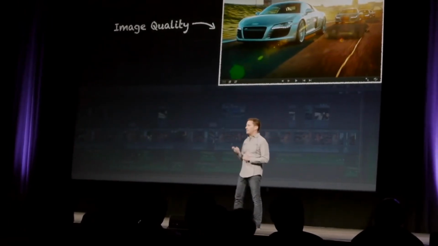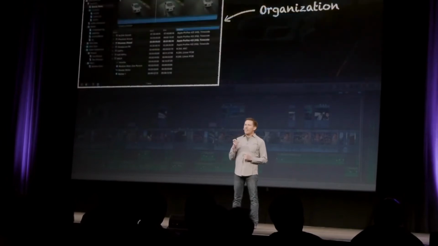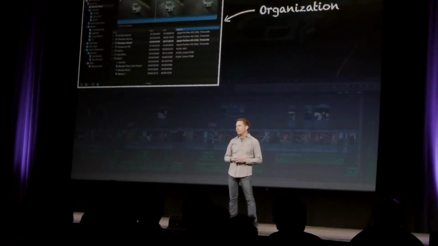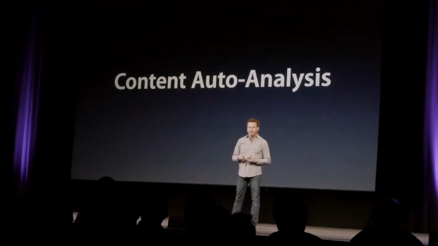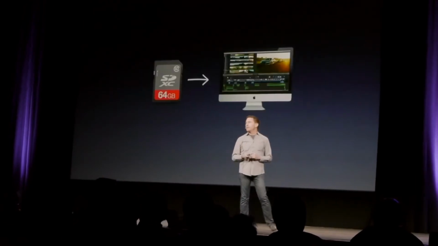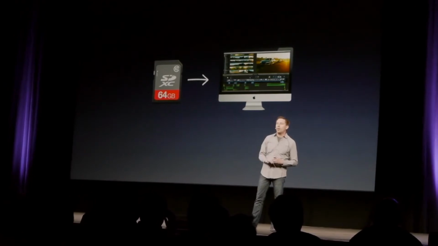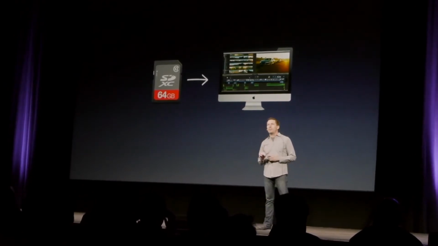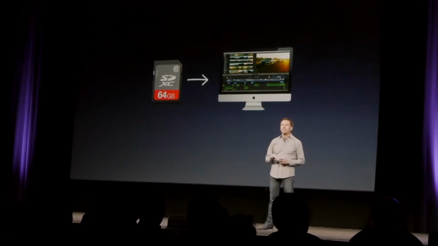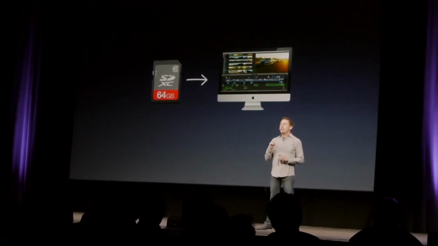Now let's get into the organization part of the puzzle. And that brings me to the first feature that I want to talk to you about, which is content auto-analysis. Everybody in this room is dealing with an ever-increasing quantity and quality of media. And you need to be able to get that into the editorial system as quickly as possible and begin editing immediately.